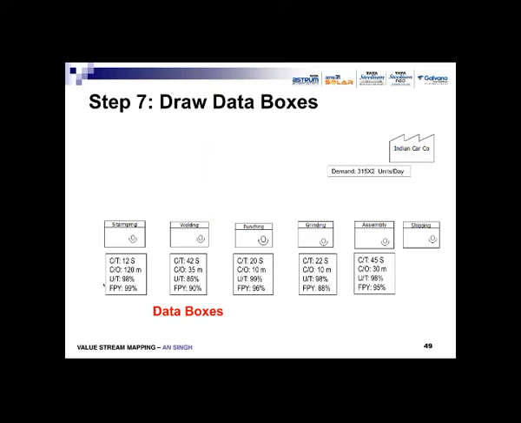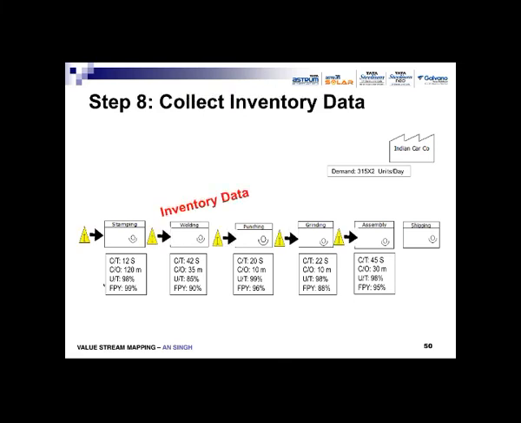For each process, whatever actual data we have collected is put in the data boxes. With the data boxes giving the current state of operations, one can know how long it takes for one product to be produced in each process. Then next comes inventory data.